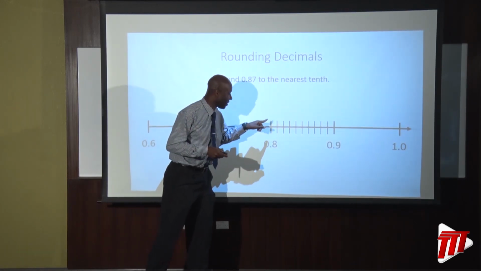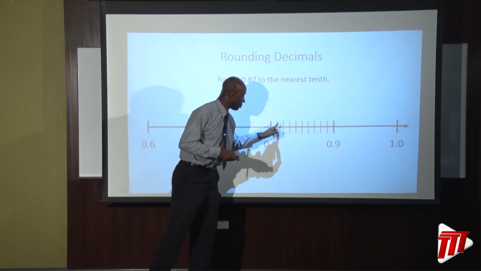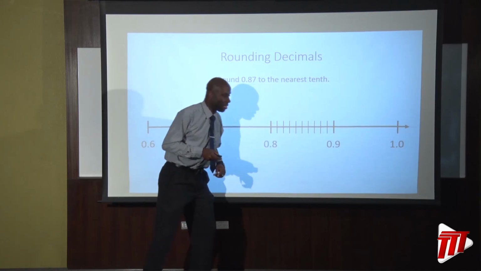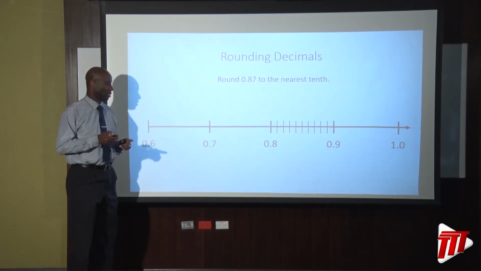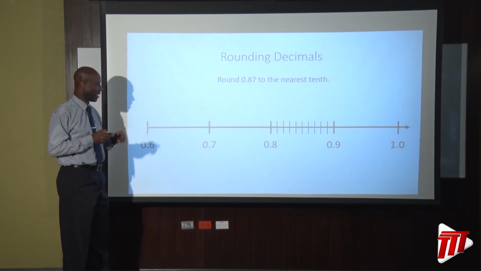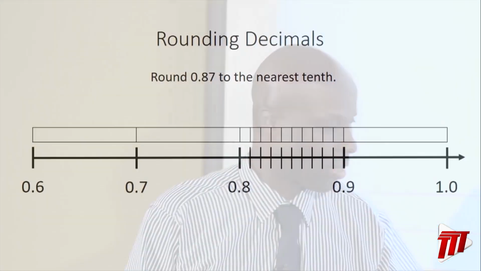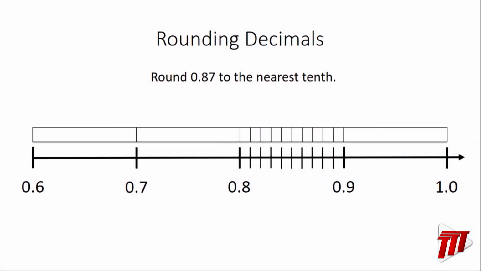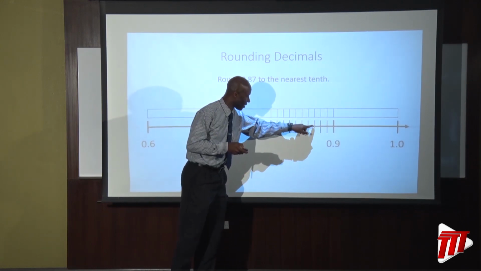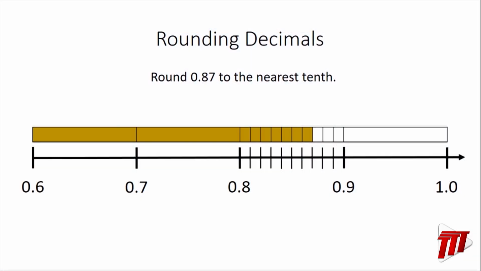And if I divide 1/10 into 10 equal parts, each section is going to be 1/100 because there are 10 hundredths in 1/10. So where is 87 hundredths? 81 hundredths, 82, 83, 84, 85, 86, 87 hundredths.